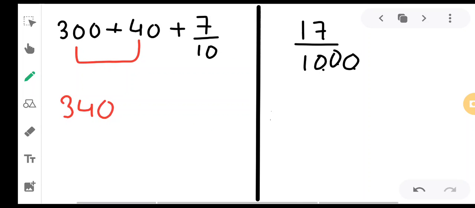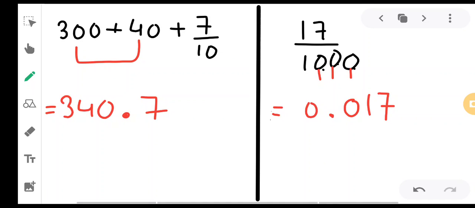Now 7/10, so first we give the decimal point and 7. Now students, we move to the next. Here 17 upon thousands. In the denominator there are 3 zeros, but in the numerator there are only 2 digits. So 0, 1, 7, total 3 places, and the decimal point and 0.